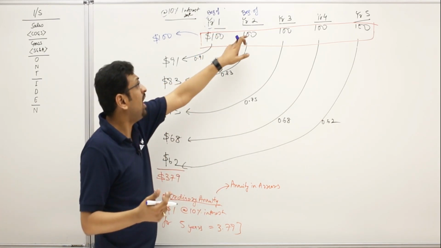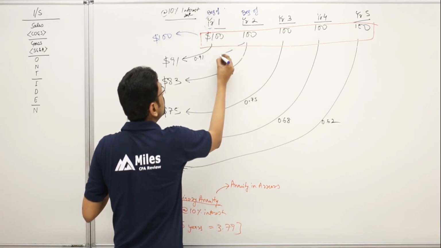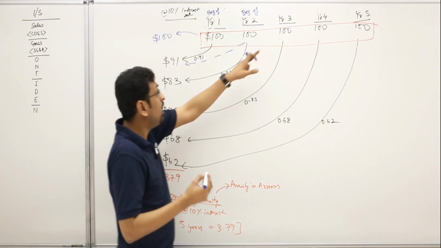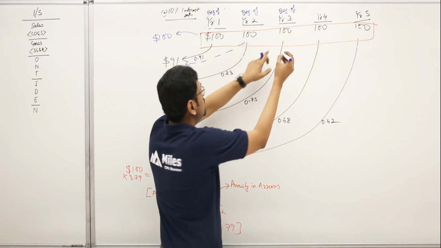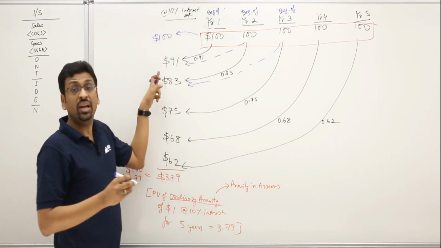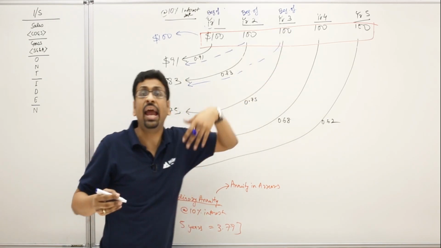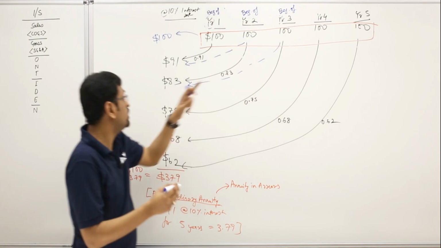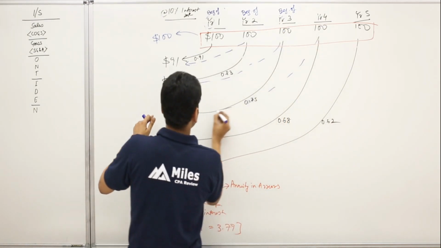So you could say the $100 which is coming in at the beginning of year 2 is worth $91 today. You could also say the $100 that is coming in at the beginning of year 3 is worth $83 today, not 75, 83. 75 was when the $100 was coming at the end of year 3. Now this $100 is coming in at the beginning of year 3, so it's worth 83. $100 at the beginning of year 4 is worth 75.